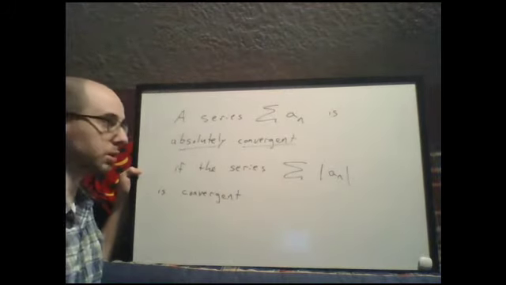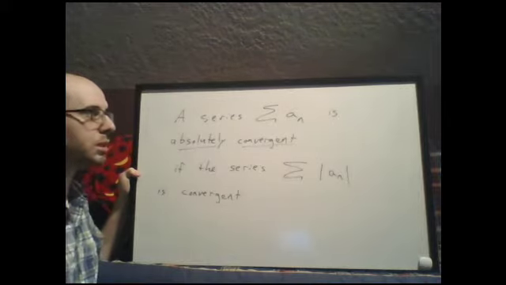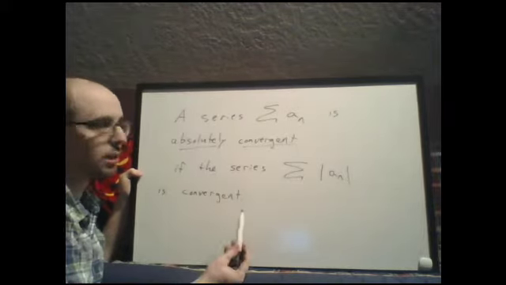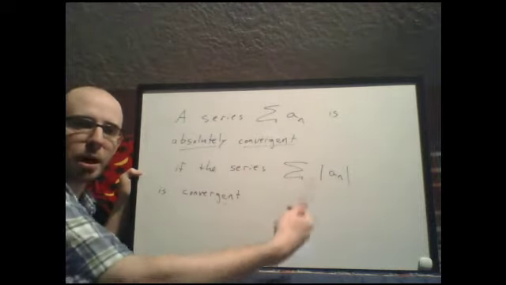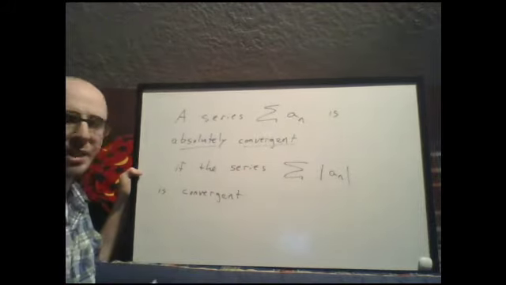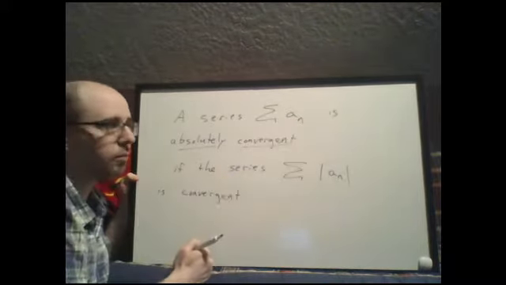Okay, so to be clear, what this means is we have a series. Its terms may be positive or negative, so some of them are positive, some of them might be negative. It's not necessarily alternating, but some of the terms might be negative.